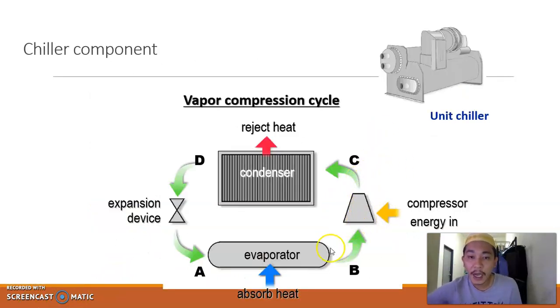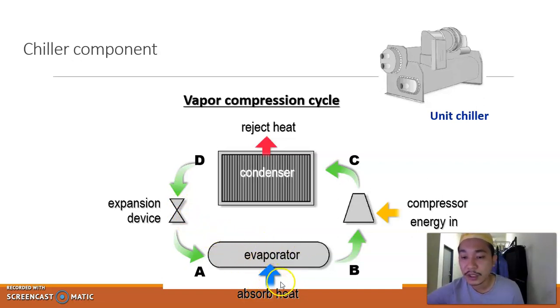So how do they make the chill water? Basically, we have four basic components for the air conditioning system: the compressor, the condenser, where they reject the heat, the expansion device to regulate the pressure of the refrigerant, and the evaporator.